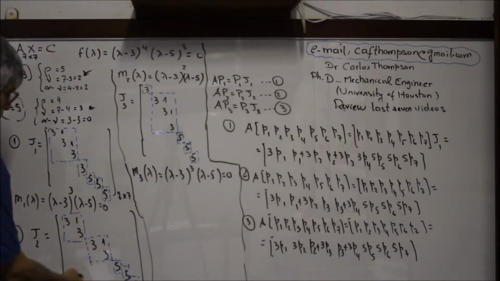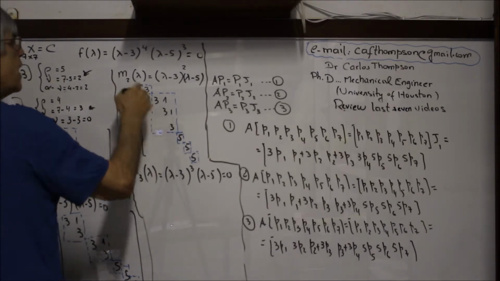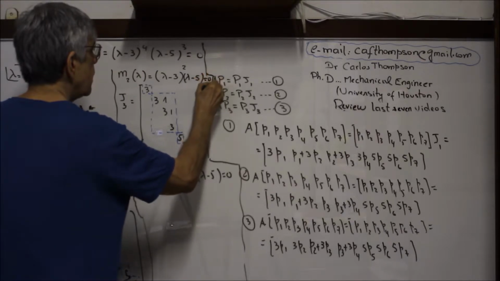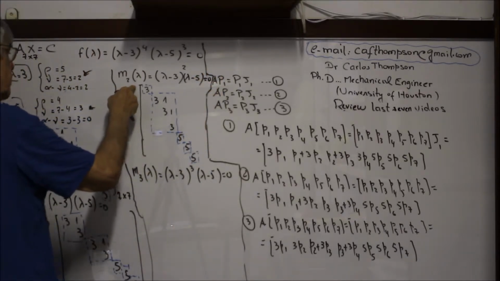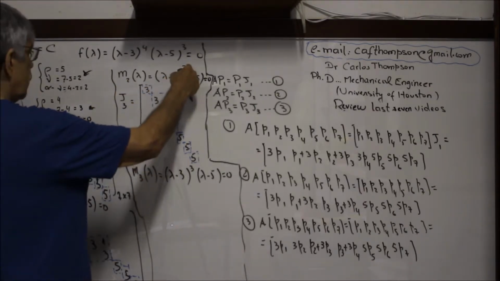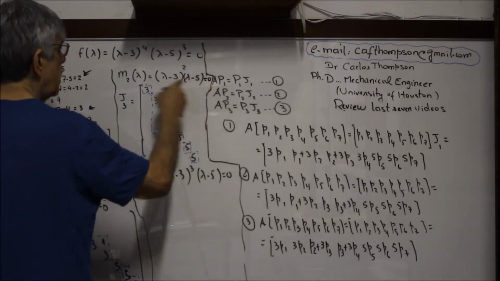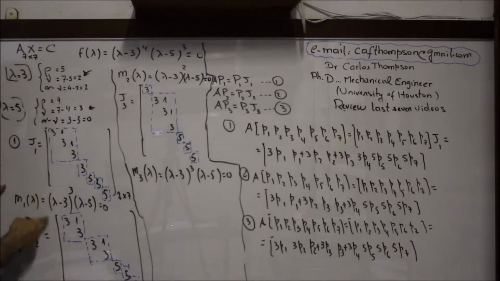And from here, m2, the second one, this is equal to 0. Let's put a 0 here. Now m2, the minimum polynomial for this J2, is equal to (lambda minus 3) squared times (lambda minus 5) to the power 1. Look, this minimum polynomial is different from this one.